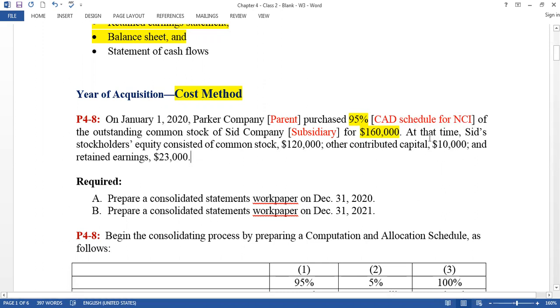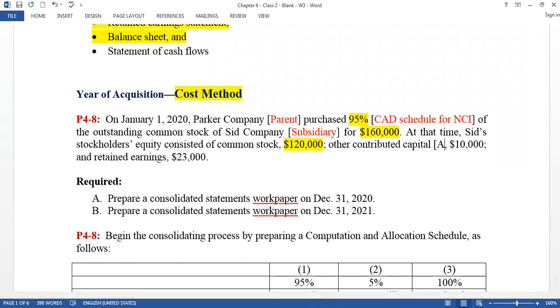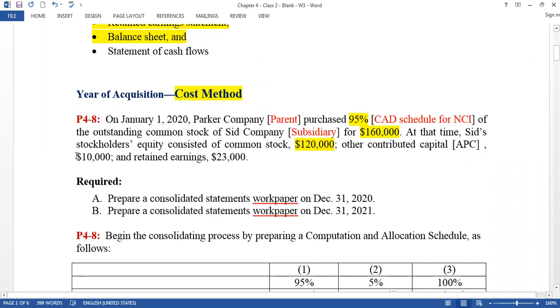Then another part of the question says that at the time of acquisition, the subsidiary company's stockholders' equity consisted of $120,000 common stock, other contributed capital, meaning additional paid in capital, of $10,000, and retained earnings of $23,000.